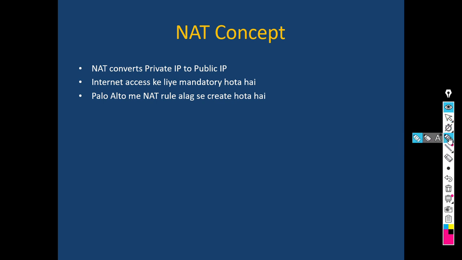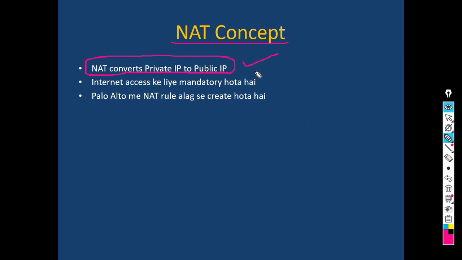Okay, this is NAT. This is again an important thing when we go on the internet, when a user tries to access a public IP or a public website like google.com. NAT plays an important role, because NAT is the way to translate IP addresses.